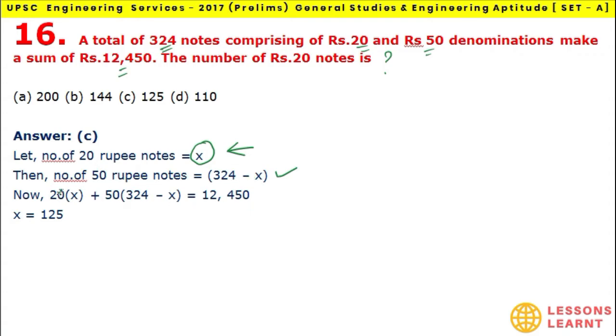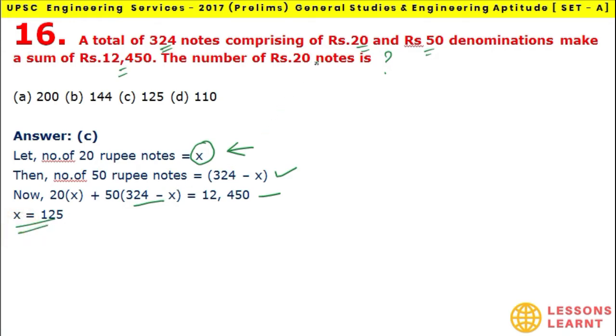So the equation is 20 into x, that is 20x, plus 50 times (324 minus x), which is the value of the 50 rupee notes, equal to 12,450. By solving this equation we get the value of x as 125.